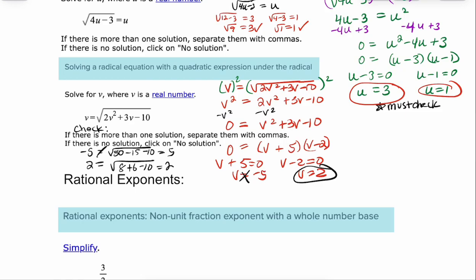Okay, so we've done radical equations. Now we need to talk about another form that's actually a radical hidden in plain sight. So here where it says rational exponents, let's talk for a moment about what that is. So I'm going to write just x, and I'm going to call it m over n.